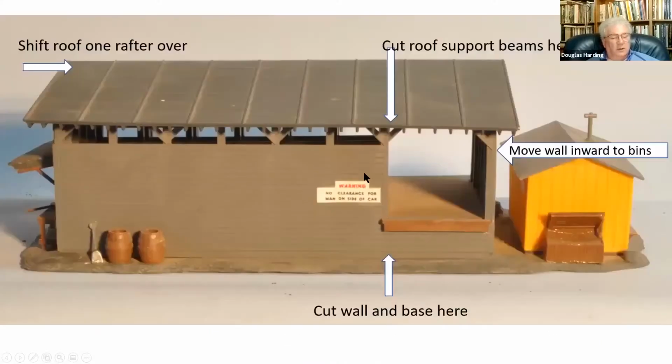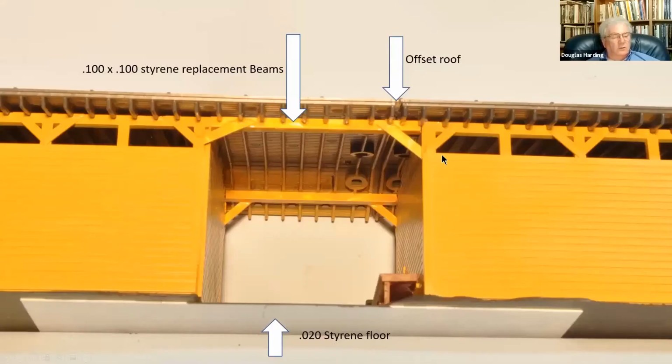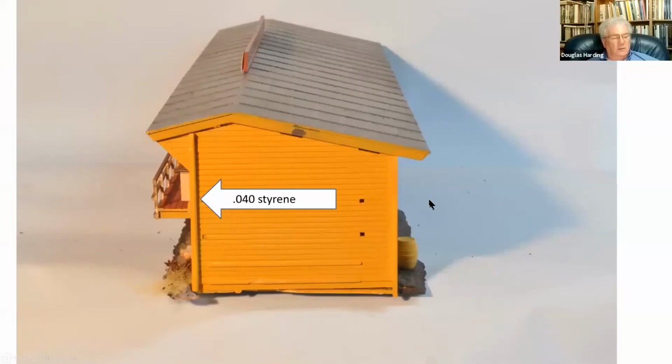And of course, here's the backside, where I made some cuts and took this outside wall, moved it all the way in, getting rid of this particular platform. And this is where I took two of them and joined them together using some styrene beams, and actually made this open area larger by using two of these kits. And here's the workbench. I've already painted this.